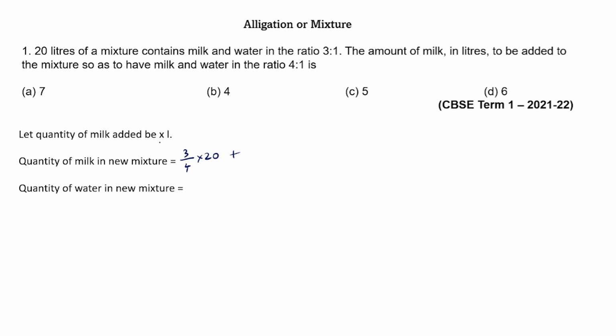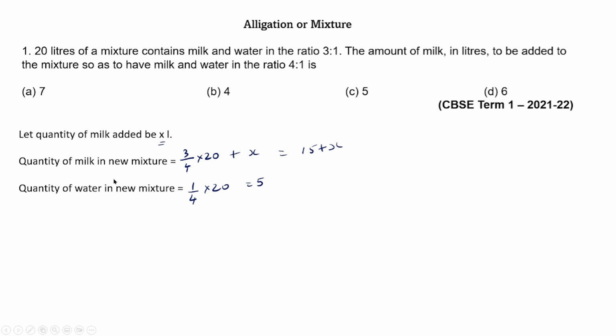Then we are adding X liters, so it is plus X. So this is 15 plus X. We are not adding any water, so the quantity of water in the new mixture will be the same as the quantity of water in the mixture initially. So here we have 20 liters of the mixture. It contains milk and water in the ratio 3:1. So in this the quantity of water is 1/4 into 20, which is 5.